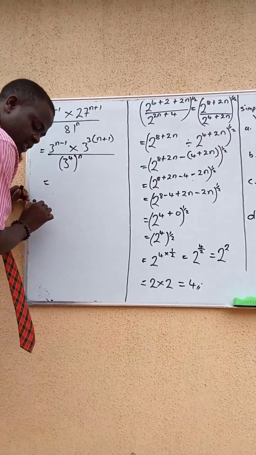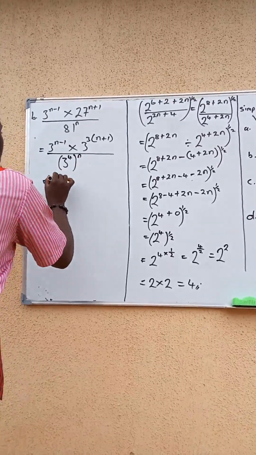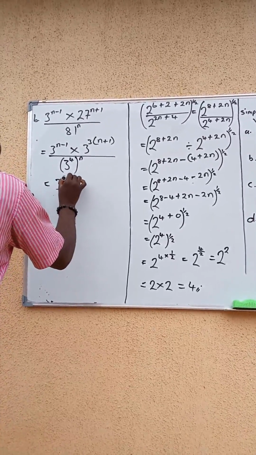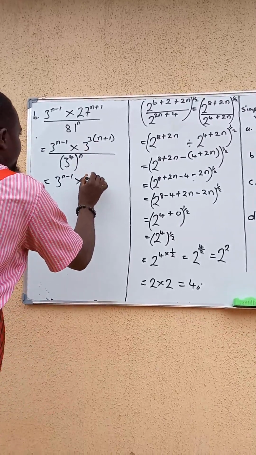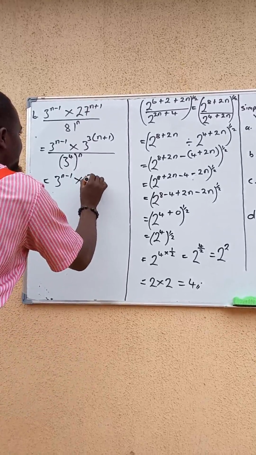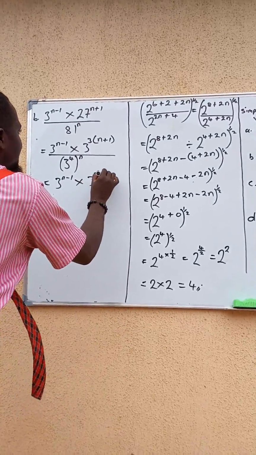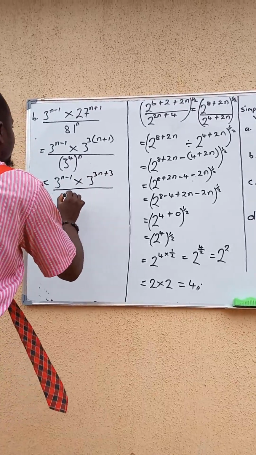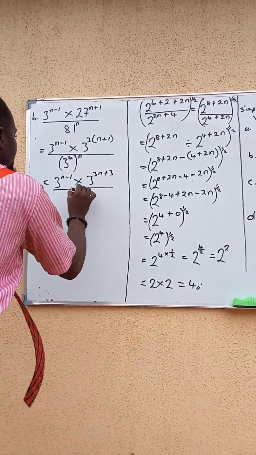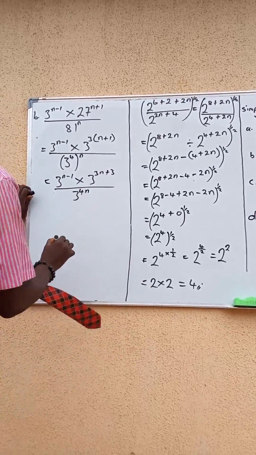Now this is the same thing as what? 3 raised to the power of n minus 1 times, let me open the bracket there, 3 raised to the power of 3n plus 3, over 3 raised to the power of 4n.